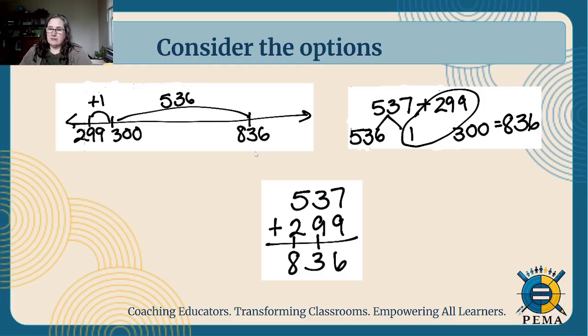So in this problem, I would say either the open number line or the very similar thinking represented in decomposing an addend to make an easier problem is probably going to be the most efficient strategy.